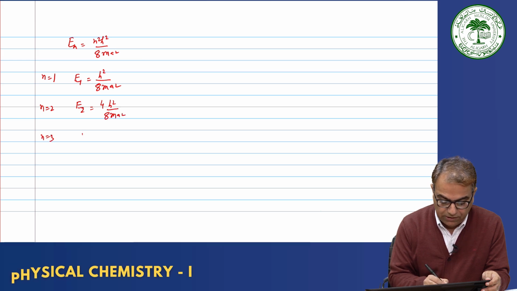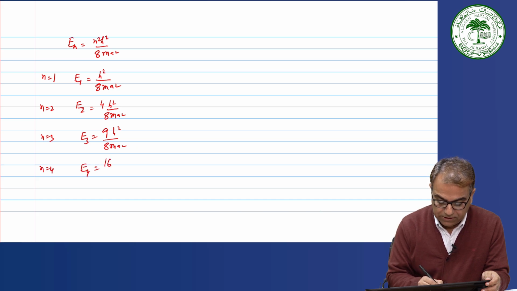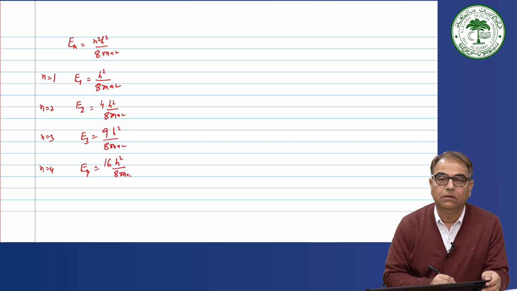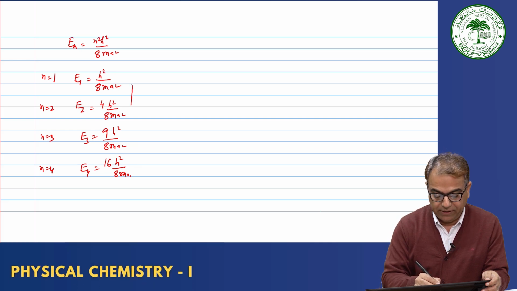N is equal to 3, then E3 will be 9 h square divided by 8 ma square. N is equal to 4, E4 will be 16 h square divided by 8 ma square. So if you look at the energy gap between any two energy levels, between 1 and 2, you can write delta E 1 2 as how much? It is 3h square divided by 8 ma square.